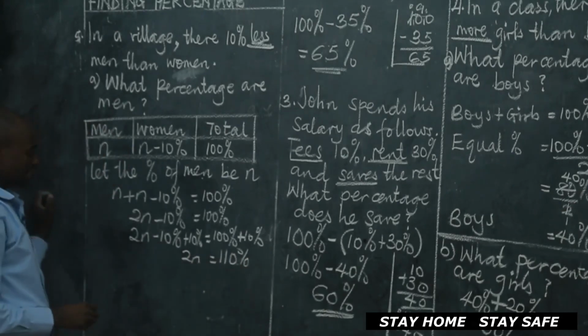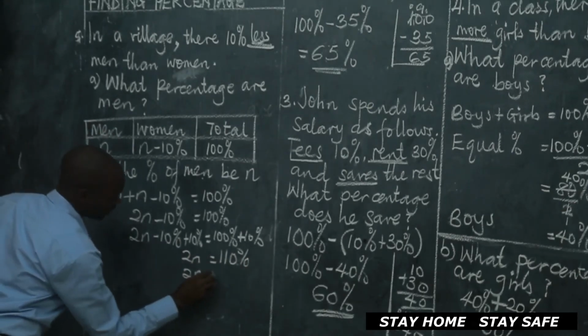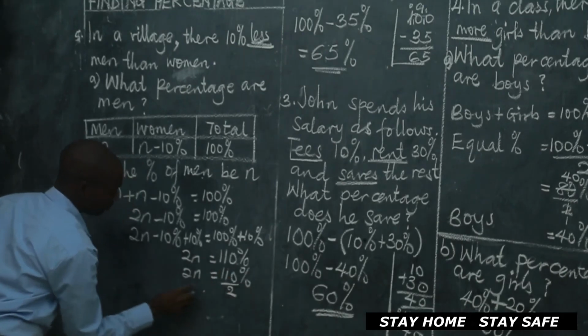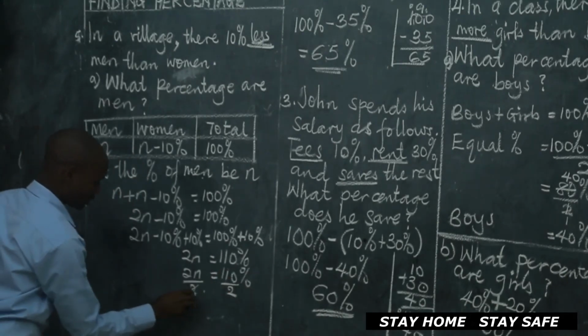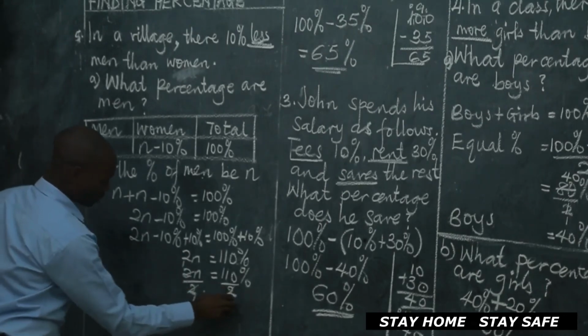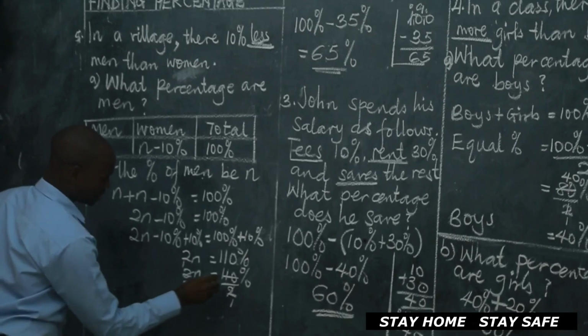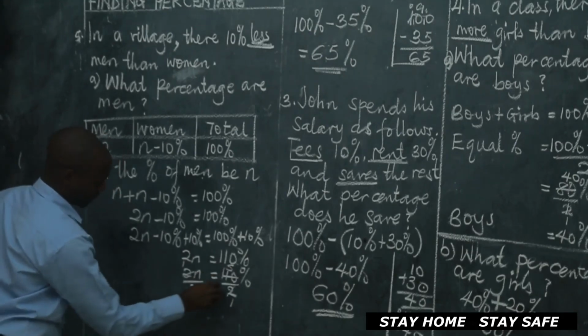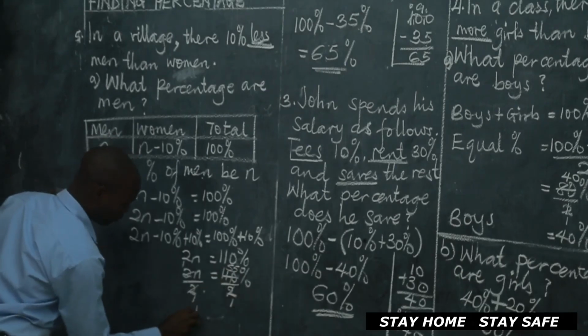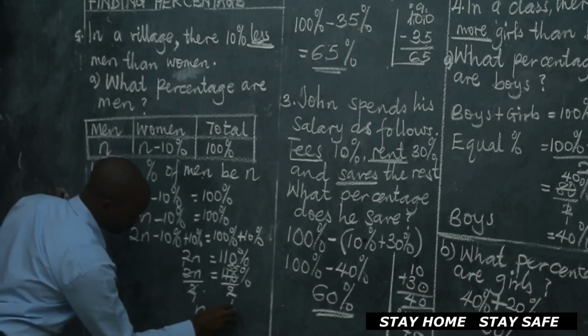If I want to get the value of N, I divide 110% by 2. Therefore, N is equal to 55%.